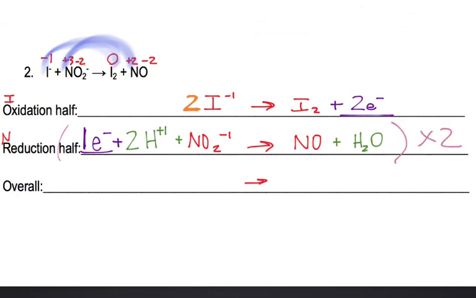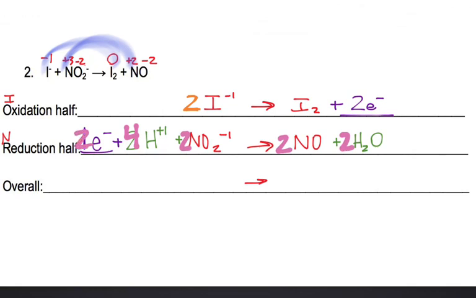Everything in here needs to get multiplied by 2 in order to equal out our number of electrons. So that means that we're going to have 2 electrons. We're going to have 4 H pluses, 2 NO2s, 2 NOs, and 2 H2Os.